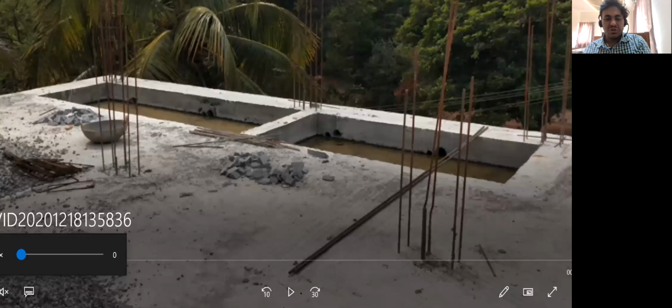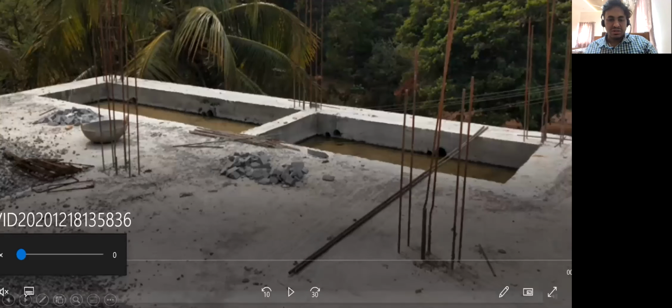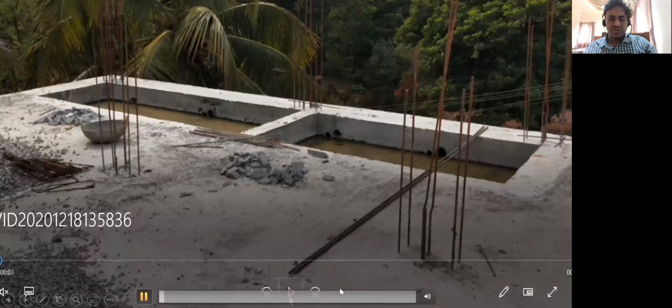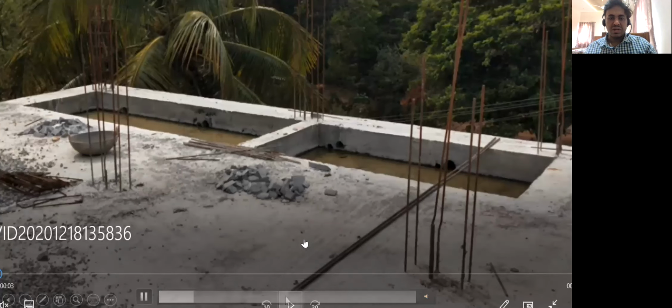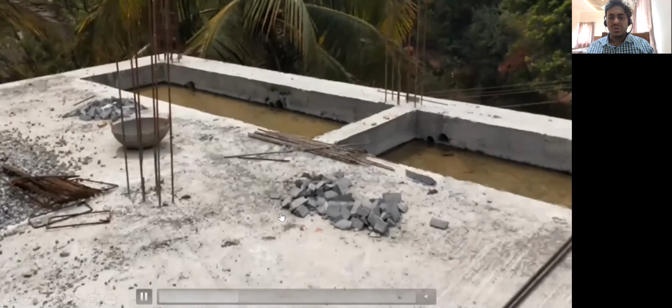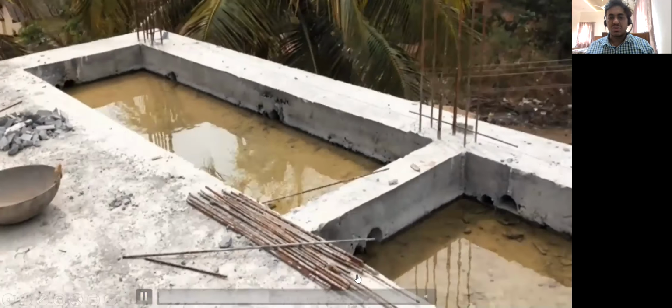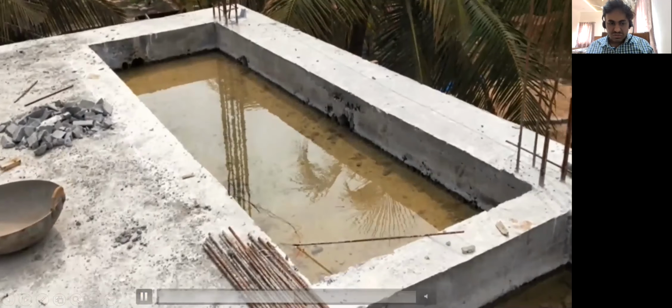Then we'll try to see a video of how it looks practically. It's the same thing, but I want to show you the practical point of view. So this is how it's going to look. They are doing curing here, since the slab has already been casted. We have to do the curing, that is why you can see the water staying here.